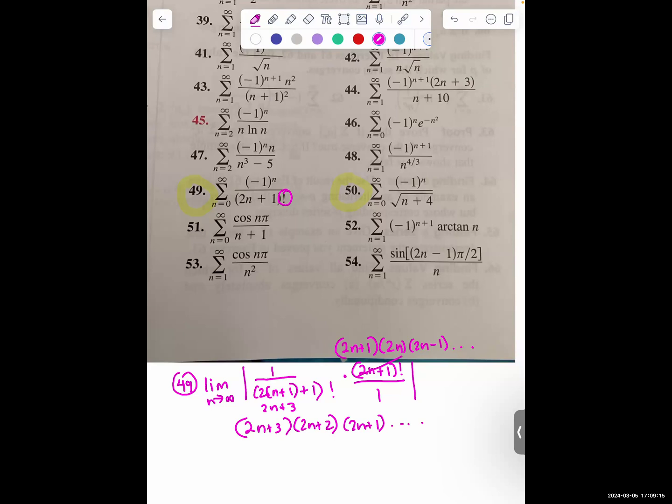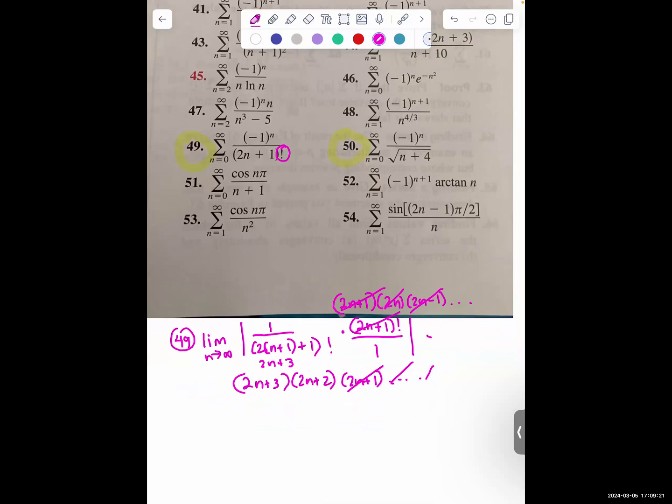For this particular one, only the (2n plus 1) factorial gets canceled with the bottom, and for your limit you ask yourself, what happens when n goes to infinity? Well, you've got n, 4n squared on the bottom as the highest power leading term. So if the bottom goes to infinity and the top is just 1, we get 1 over infinity, or essentially 0.